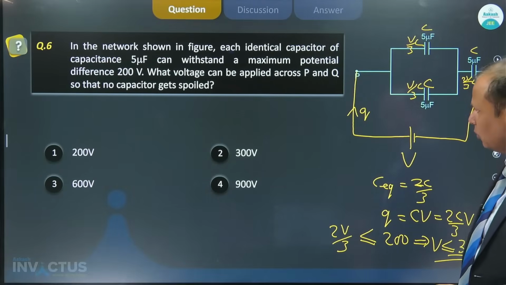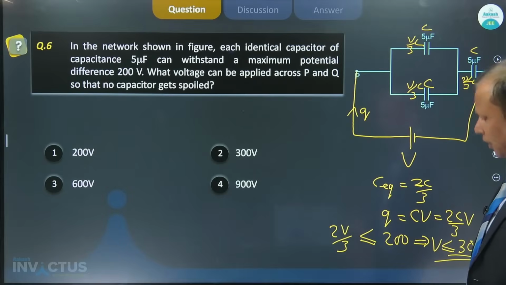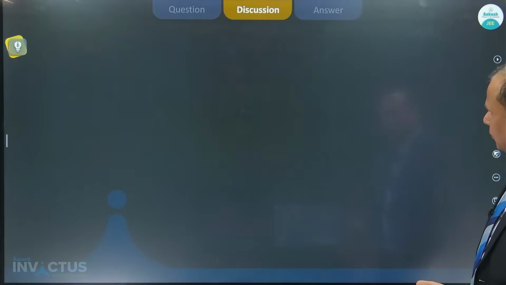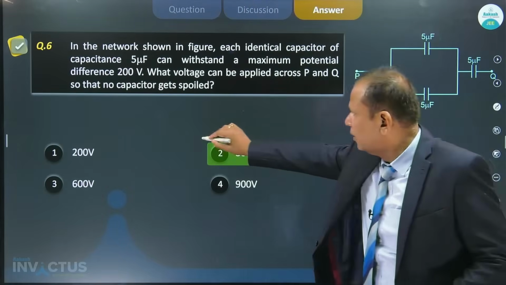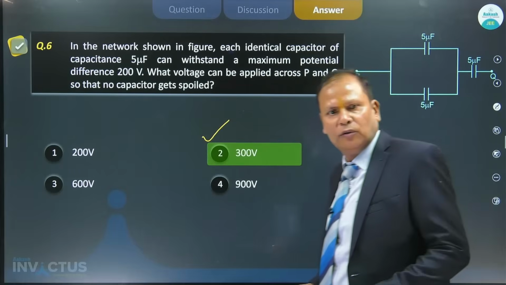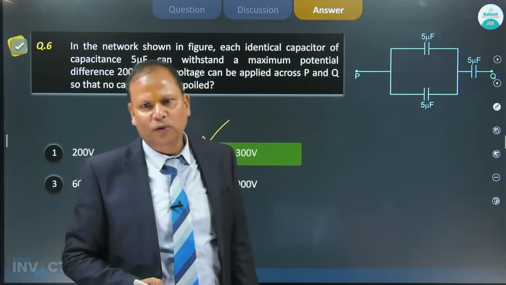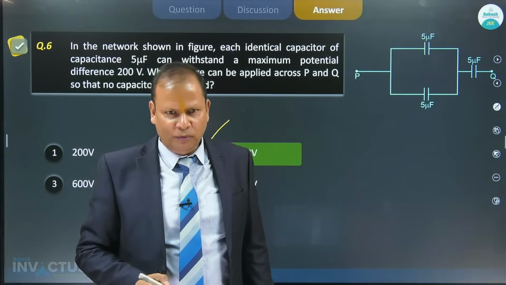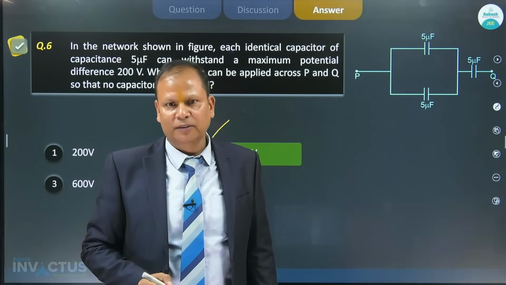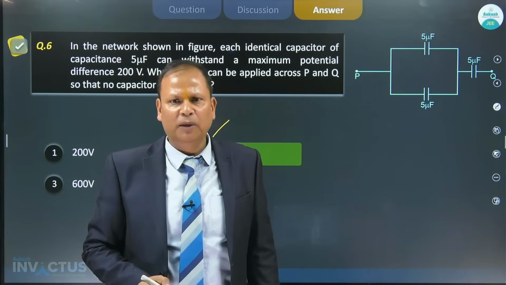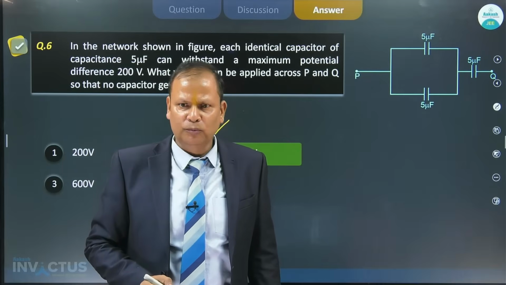Let's move to the next question and see the answer. And the answer is 300 volt. So it's a very good answer. One of the students, Harshit, has answered 250 plus; it is a good score. I support this.